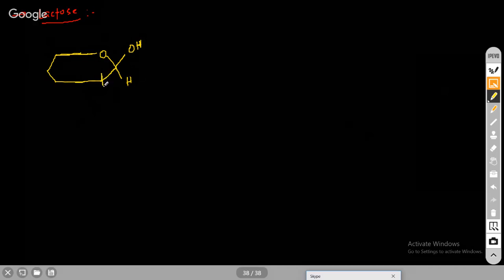At second carbon, OH on the bottom, right? And third carbon, and just a second, whether it is C2 or I think it is C4 epimers. Glucose and galactose.